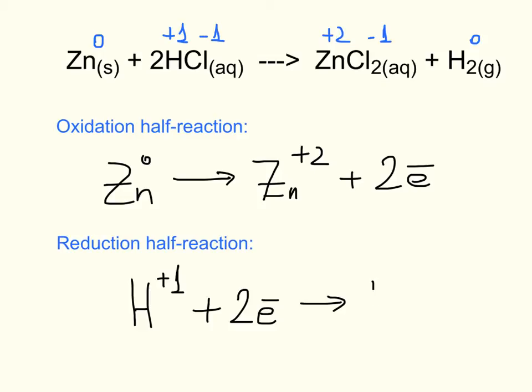We end up having H2 with the oxidation number 0. And we need to balance the amount of hydrogen ion, because each ion accepted 1 electron, and eventually it produced the hydrogen gas. Mass and charge must be conserved within the oxidation half reaction and within the reduction half reaction.